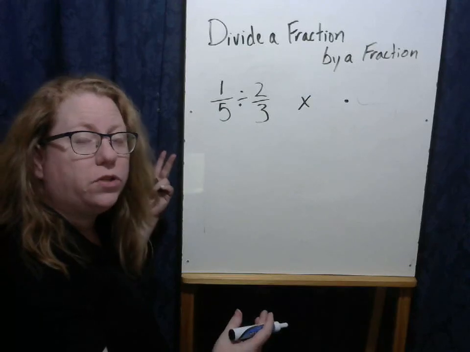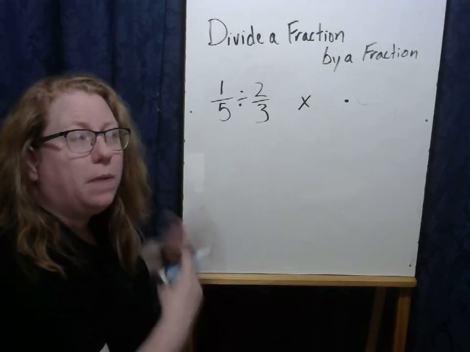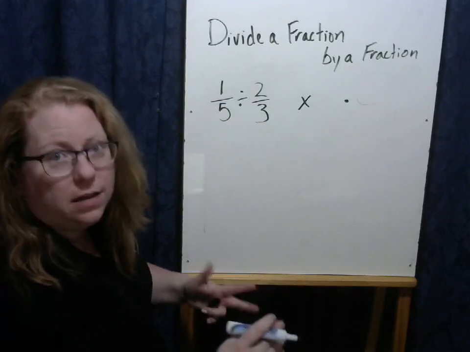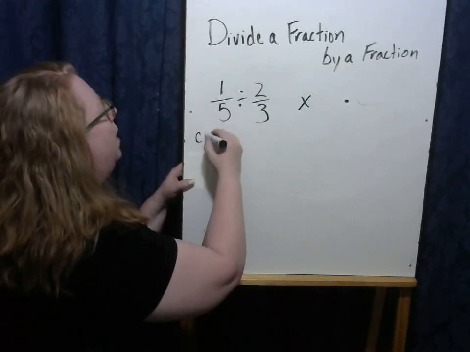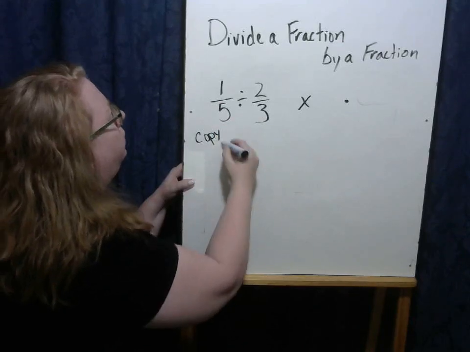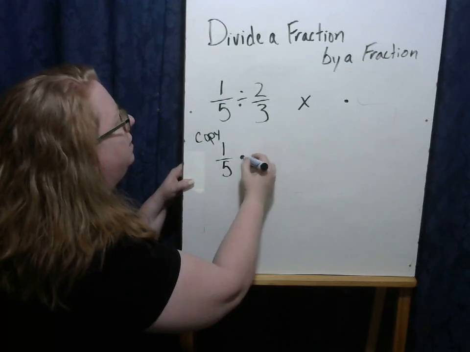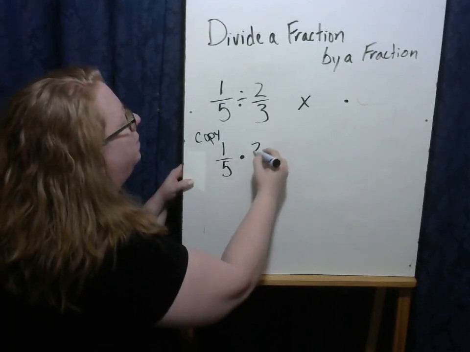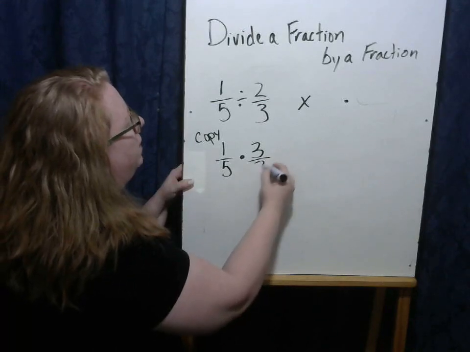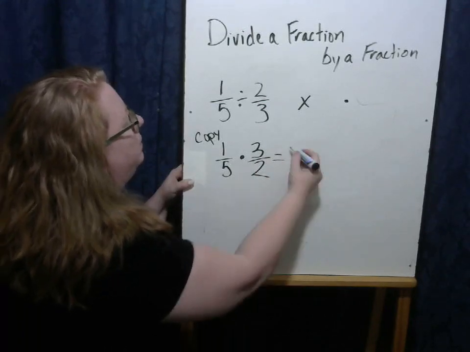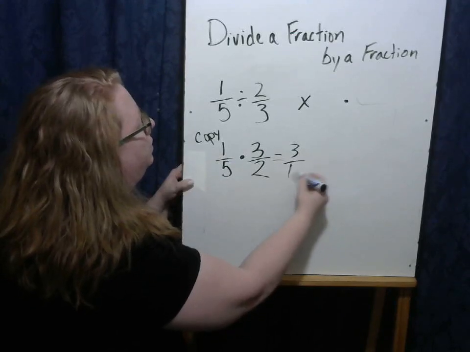So you can also use the mnemonic device copy, dot, flip. We copy the first fraction, we change division to dot, and we flip 2/3 to make it 3/2. 1 times 3 is 3. 5 times 2 is 10.